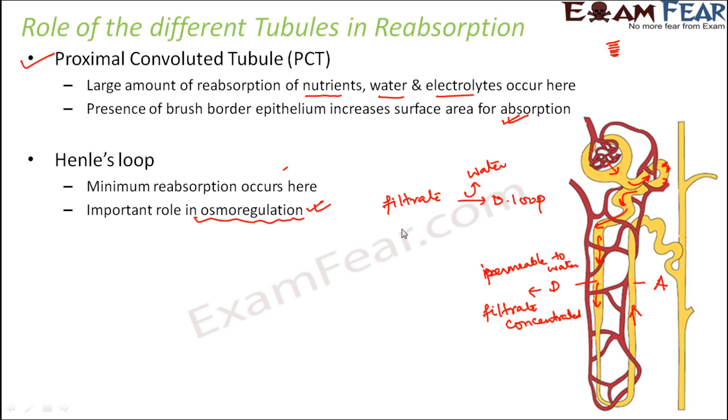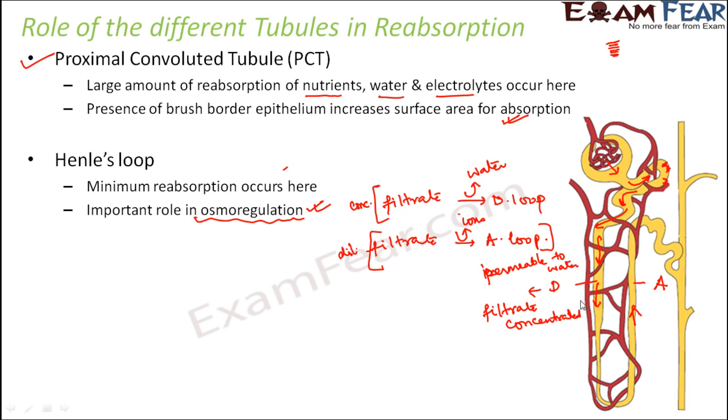So as the filtrate moves up the ascending loop, it loses ions and becomes diluted. In the descending loop it becomes more concentrated, and in the ascending loop it becomes more diluted. Due to this movement of water and ions, it helps to maintain the ionic and water balance. And that is why it helps in the process of osmoregulation.